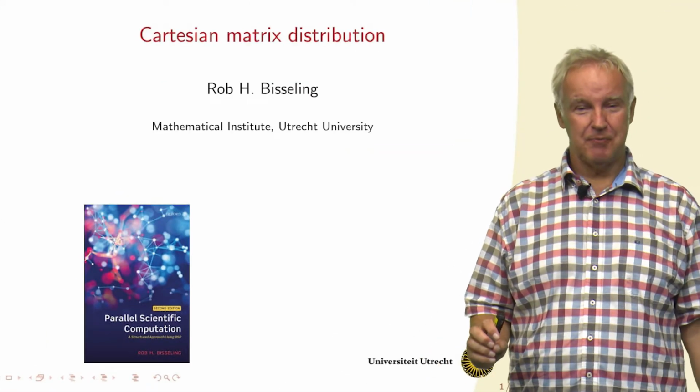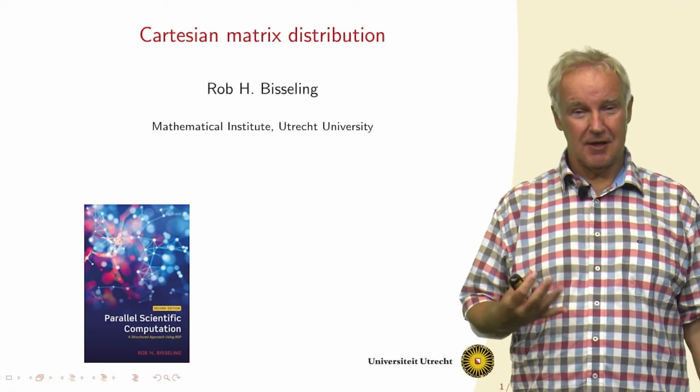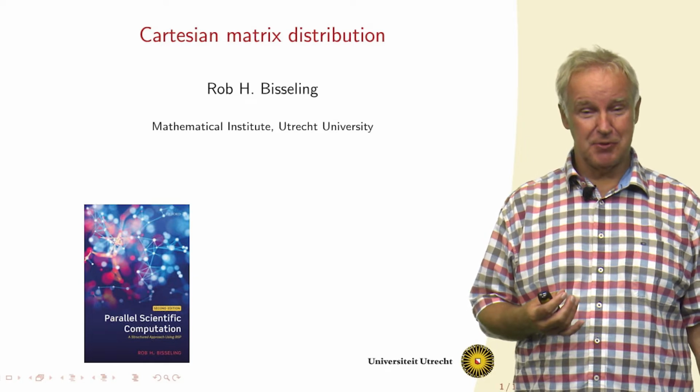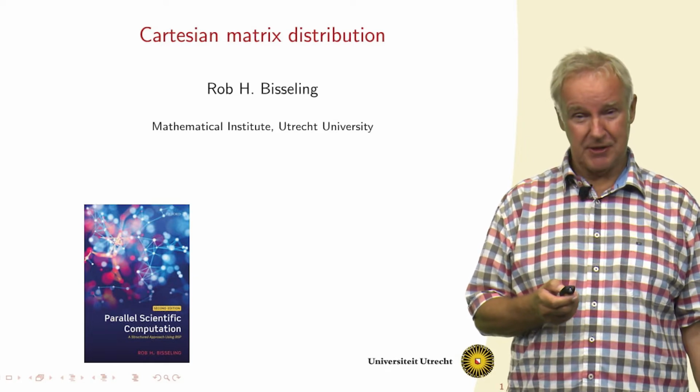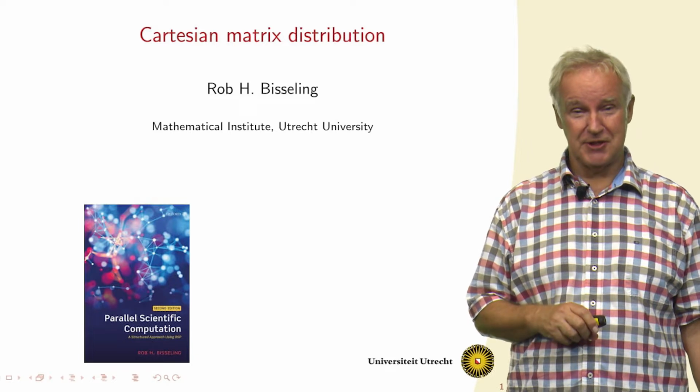In this video, we will see how a Cartesian matrix distribution can reduce the amount of communication in the parallel sparse matrix vector multiplication.